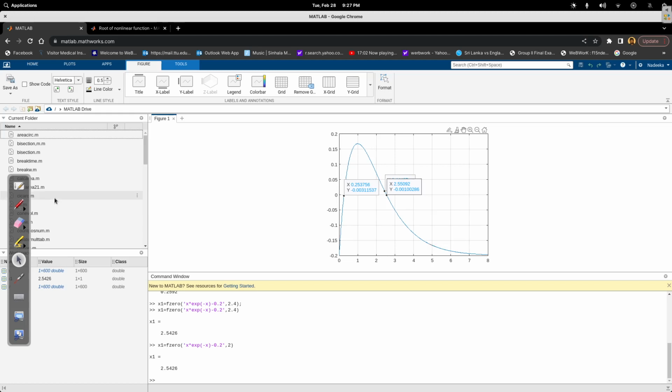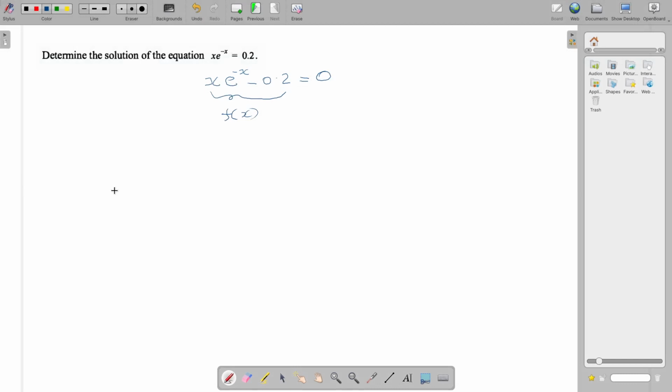One thing: this can find roots only where the function crosses the x-axis, in situations like this, or this, or this.